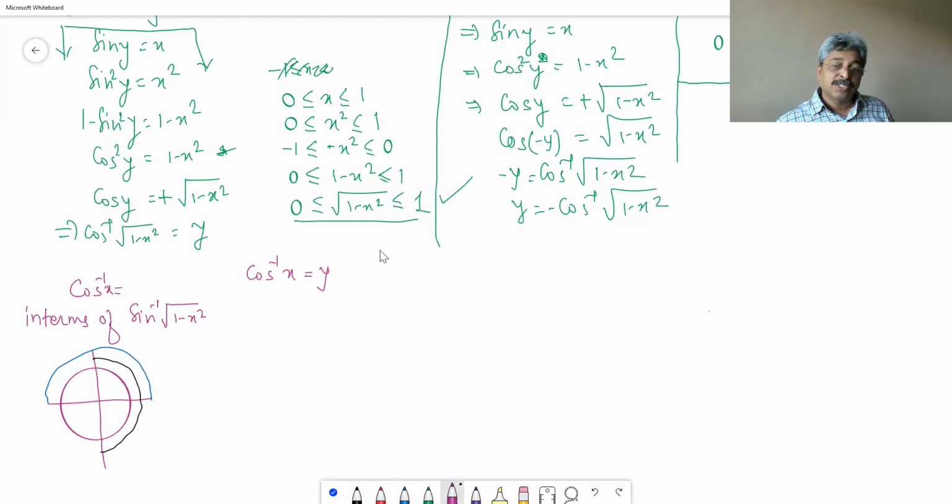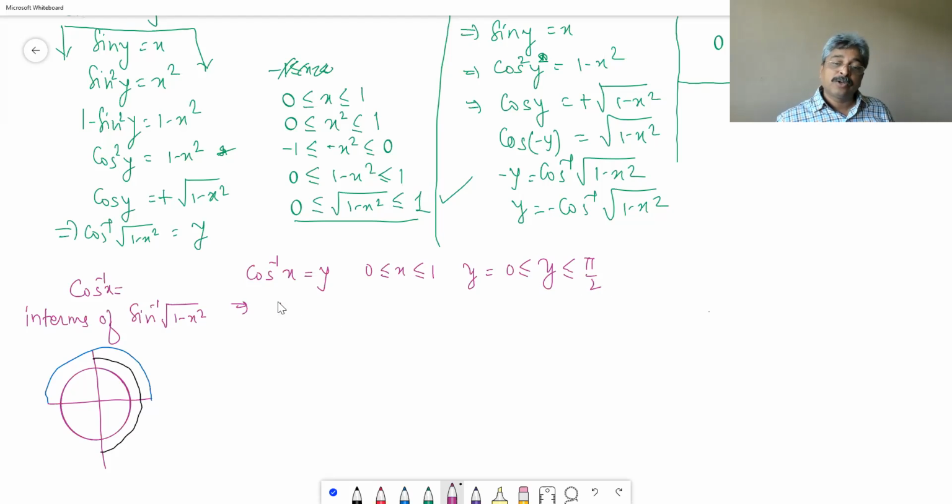We consider x between 0 to 1, so simple, and therefore y will be between 0 and pi by 2.